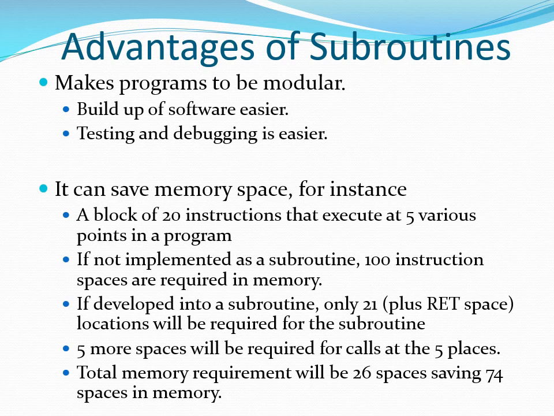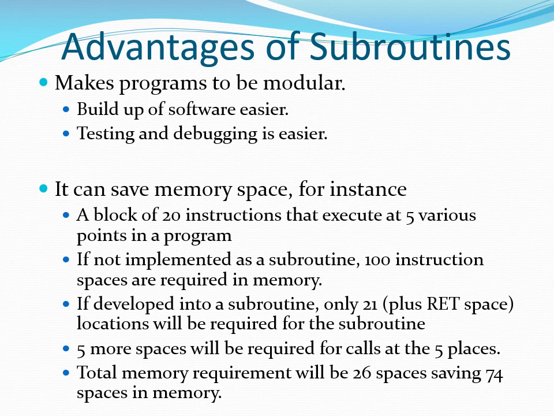For instance, let's suppose we have a block of 20 instructions that execute at 5 various points in a program. If not implemented as a subroutine, 100 instruction spaces are required in memory for the program. If the 20 instructions are developed into a subroutine, only 21 locations will be required for the subroutine.